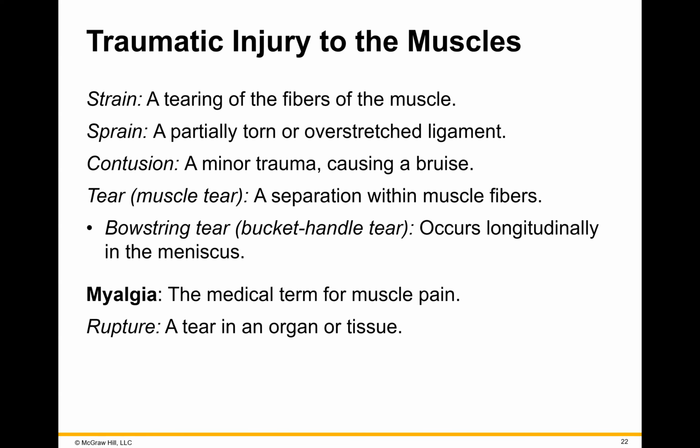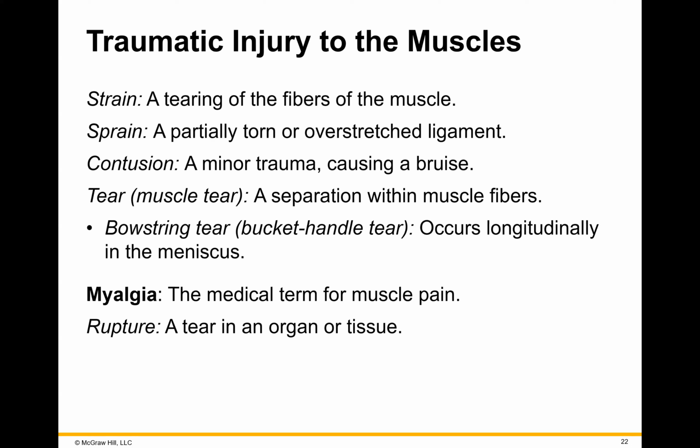Moving past the fractures, we can also have traumatic injuries to the muscles. These are strains, sprains, contusions. So starting with contusions, these are basically what we call bruises, where we have an impact injury and burst blood vessels, we get the swelling, what have you. These are usually self-limiting conditions. We can also have a strain, which is a tearing of the muscle fibers, hamstring strain, what have you.